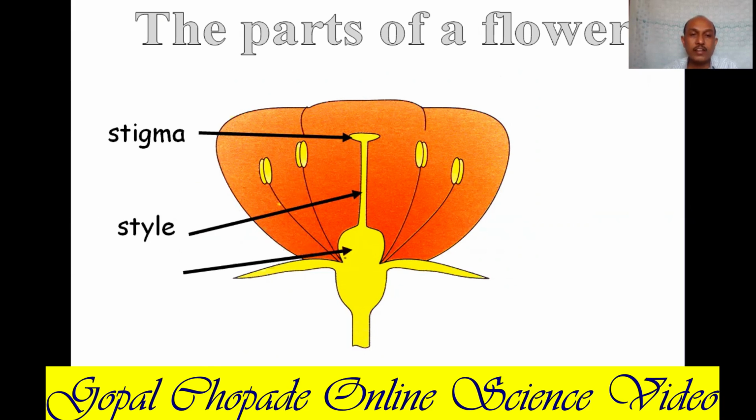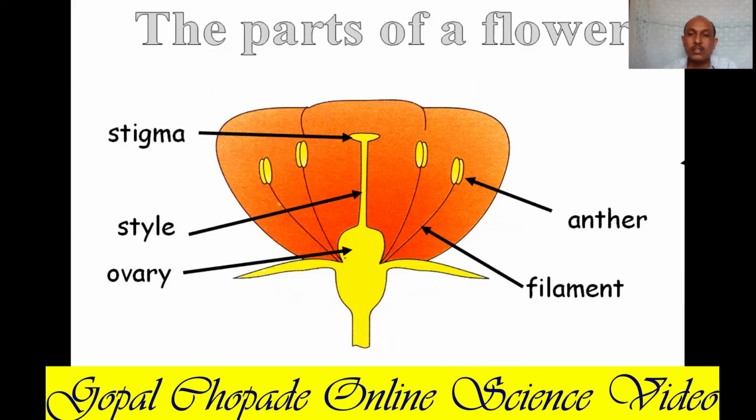Yes, that is the style. What is this part? Very good, the swollen part, that is the ovary. And what is this part? Yes, anther. What is this stalk? Yes, filament. And what does the anther produce? Yes, pollen grains.